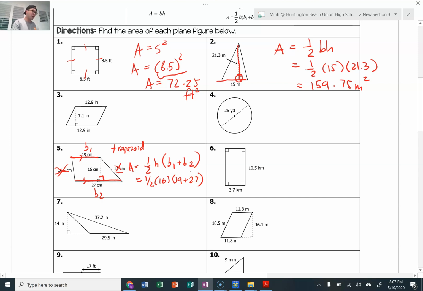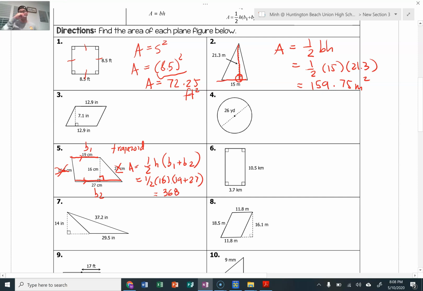And this is just a quick tip. I'm not personally a fan of using 1/2 and putting it into the calculator. I use 0.5, or if you really insist on using 1/2, that's fine. 1/2 times 16 times 19 plus 27. If you do that, your area should be 368.